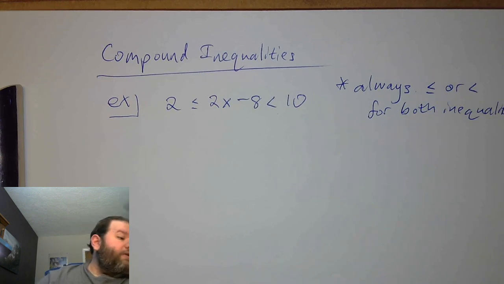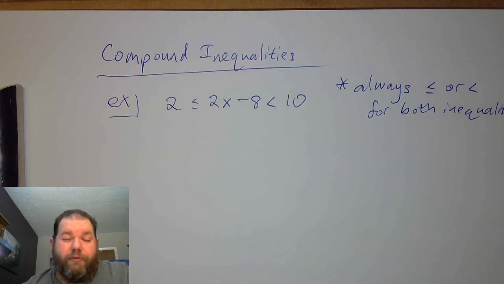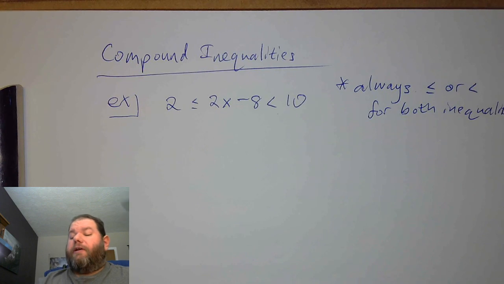In this case, we don't normally worry about a negative number, the division, because that would change it to where everything's greater than, although the same principles would still apply.